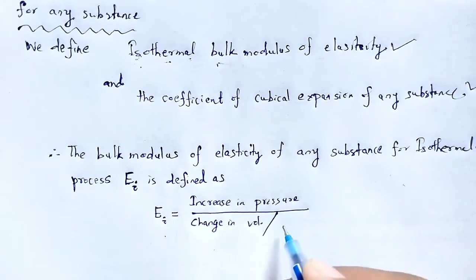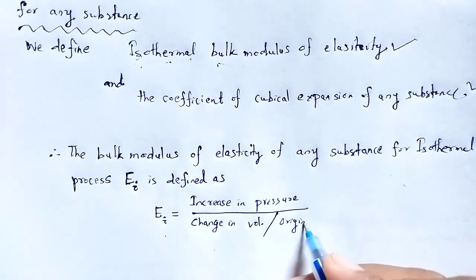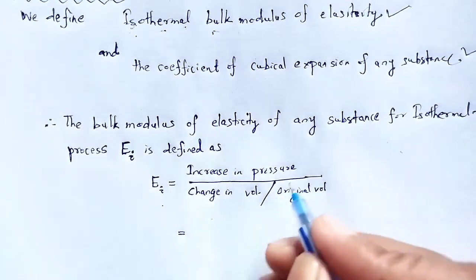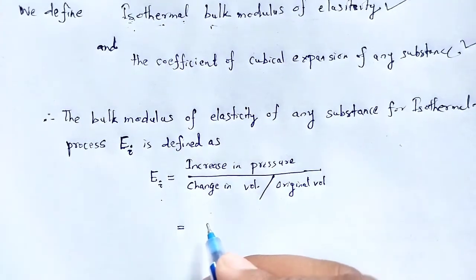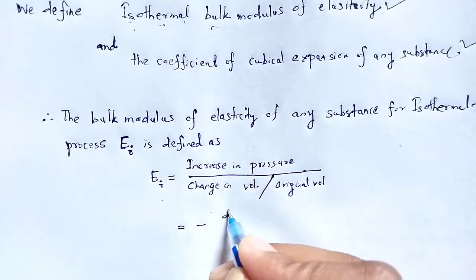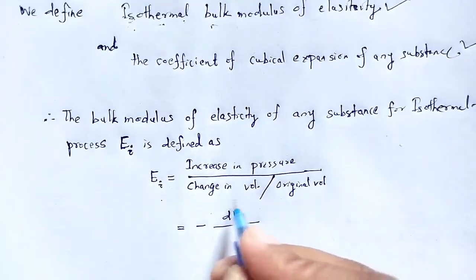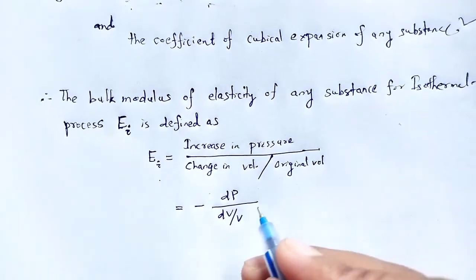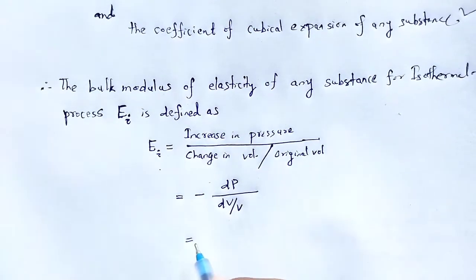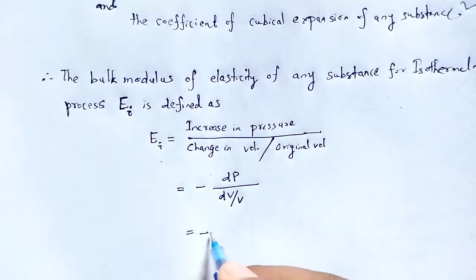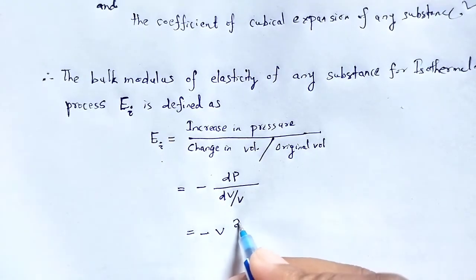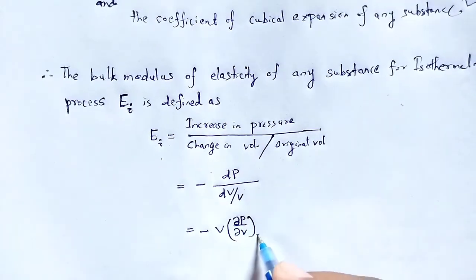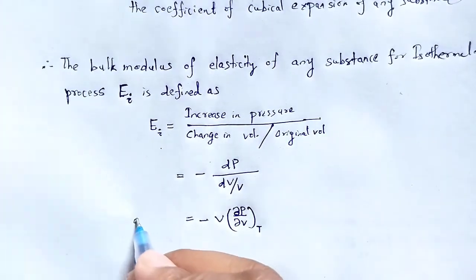Increase in pressure, that is dP, change in volume to original volume, that is dV by V. That can be written as minus V dP by dV at constant temperature in case of isothermal case.